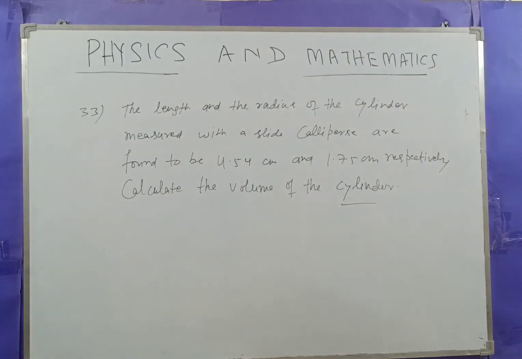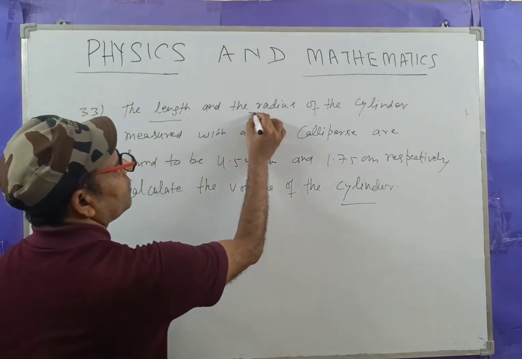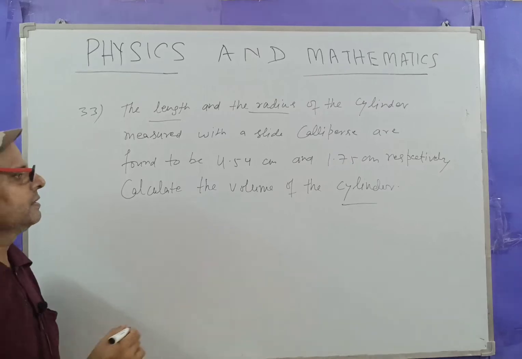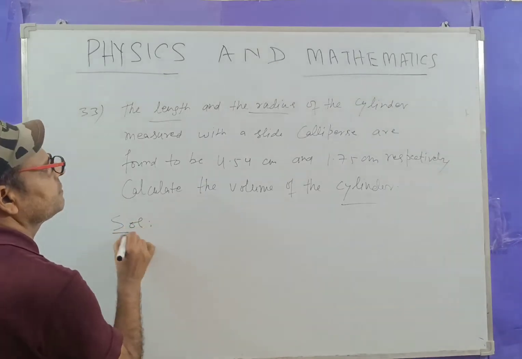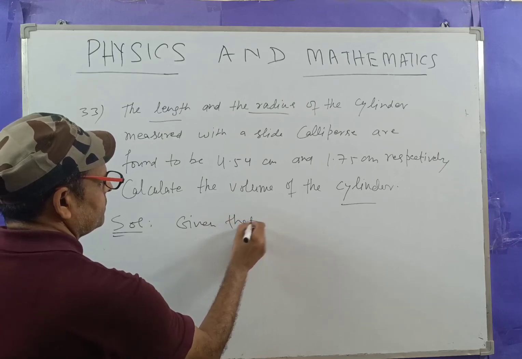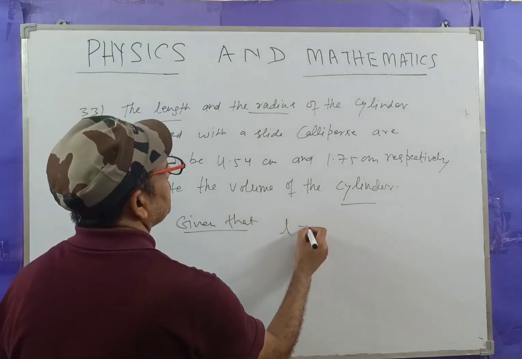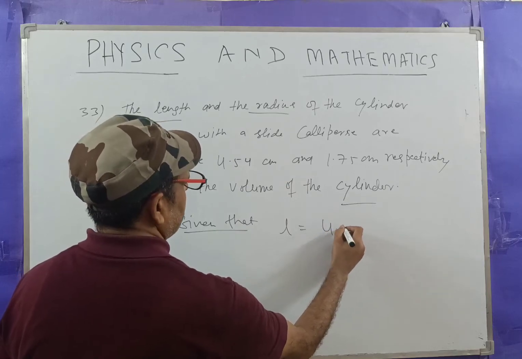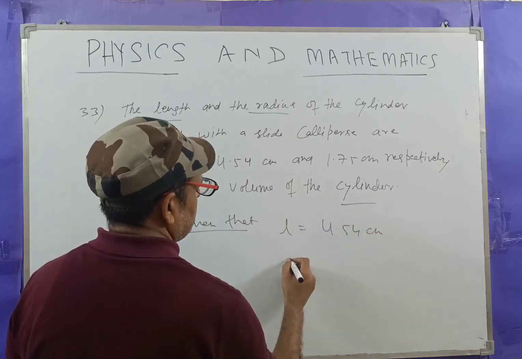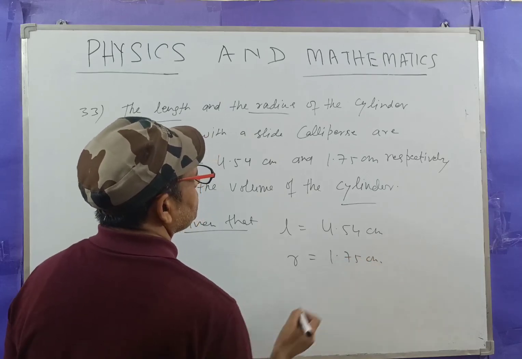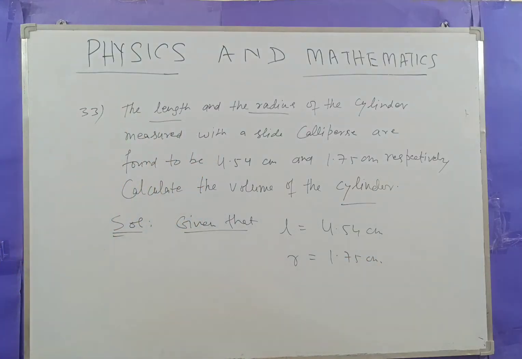The length and the radius of the cylinder measured with the slide calipers. Solution: given that the length L is equal to 4.54 centimeter and radius is 1.75 centimeter respectively. Calculate the volume of the cylinder.